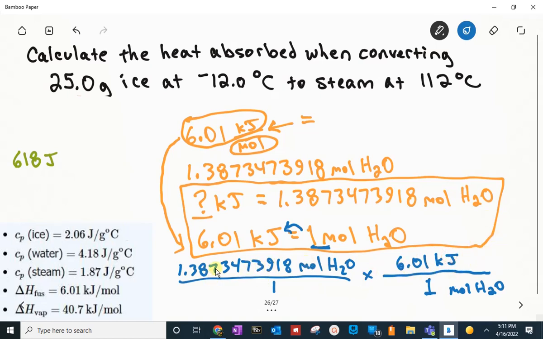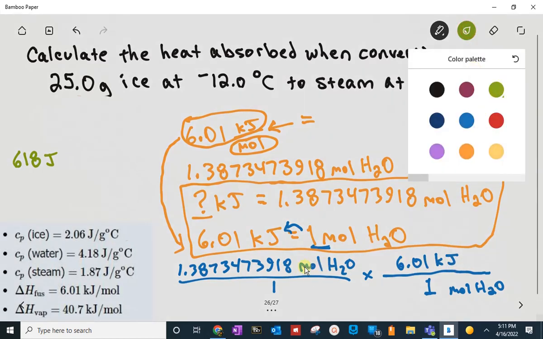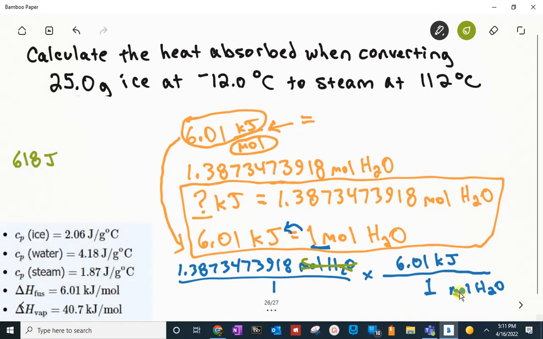So we have 1.38734733918 times 6.01, and we can cancel out the moles of H2O, which leaves us with just kilojoules.